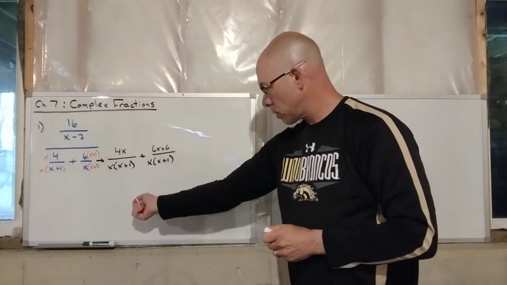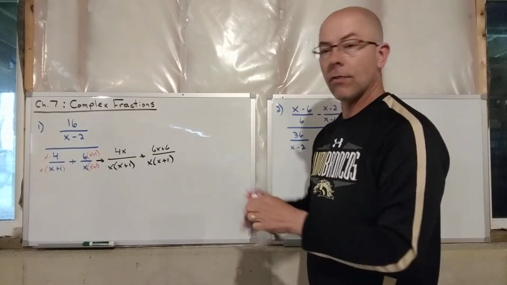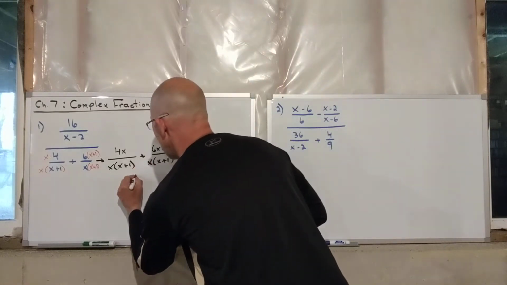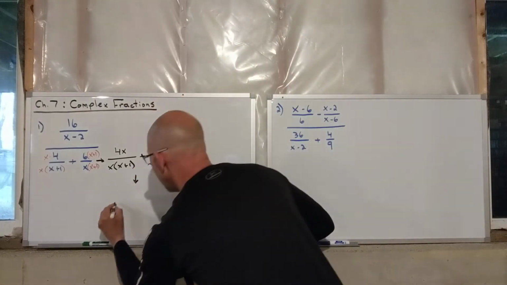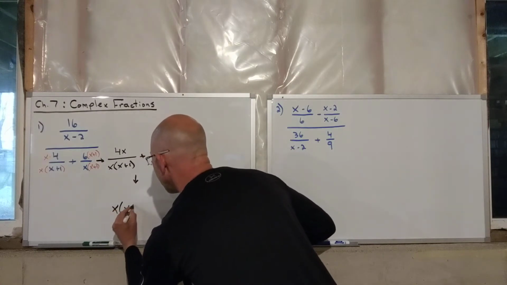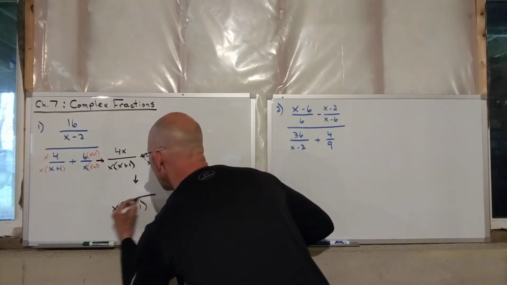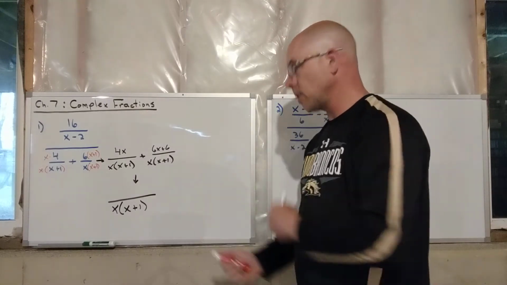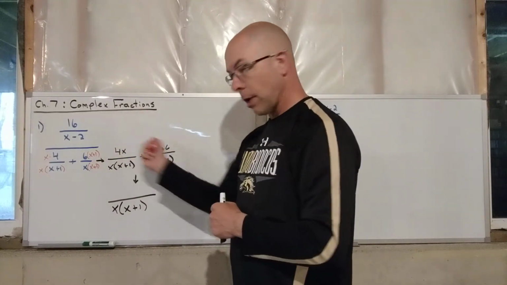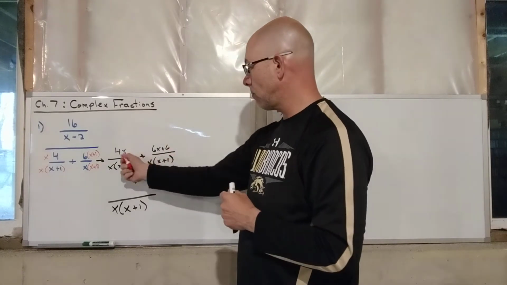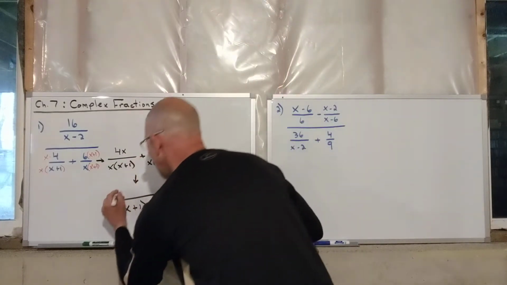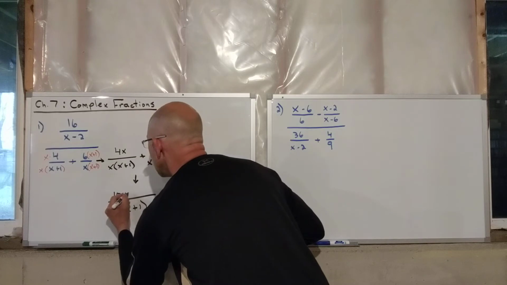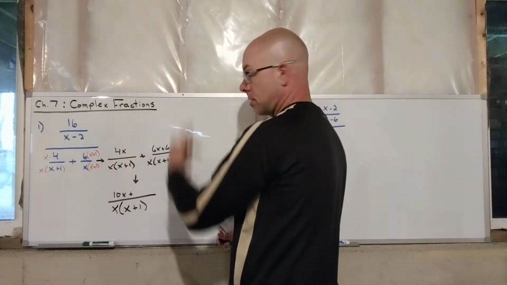I'm going to work down this way so I can do my final answer work over here. So there's my common denominator, x times x plus 1. Add these numerators, like terms where I can. So 4x plus 6x is 10x plus 6.